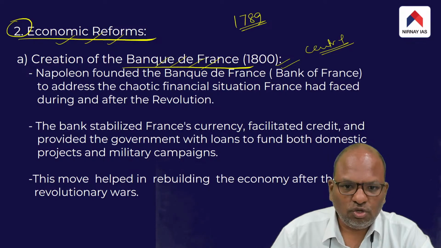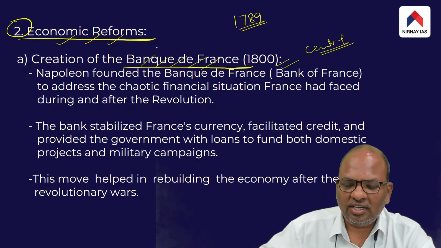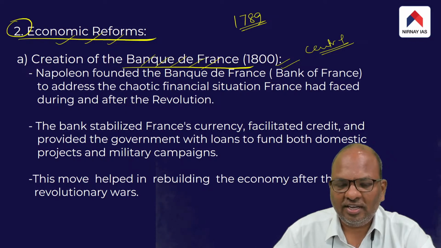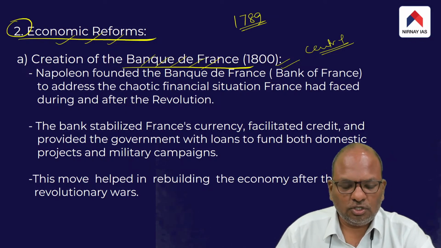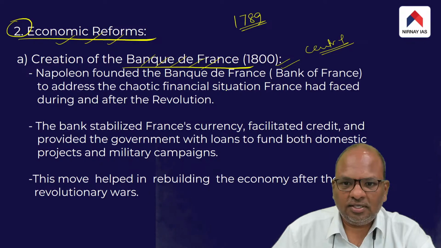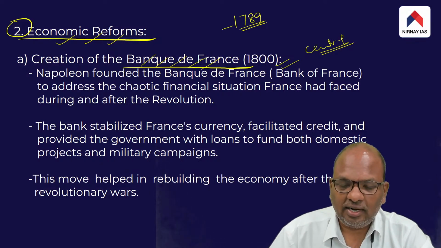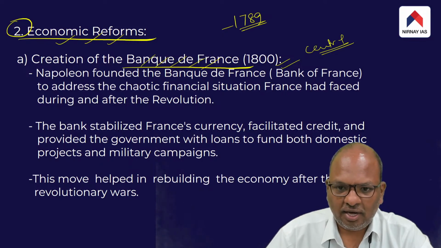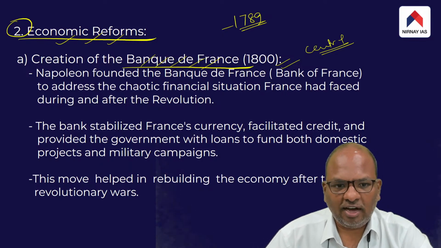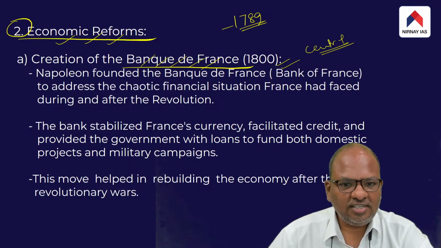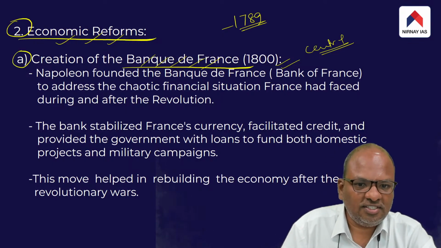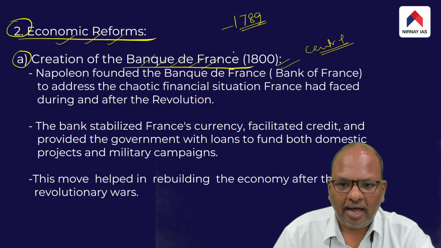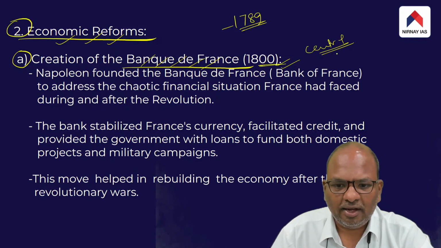This bank also played an important role in reducing inflation that was prevailing in France at that point of time. The whole point I'm trying to convey is that since the outbreak of the revolution in 1789, there were too many economic problems and chaos in France, and therefore, immediately after becoming the first consul, Napoleon started concentrating on economic reforms. He established the Banque de France, the central bank of France.